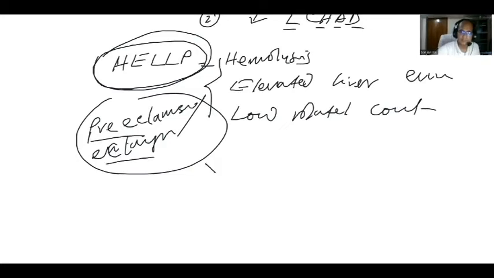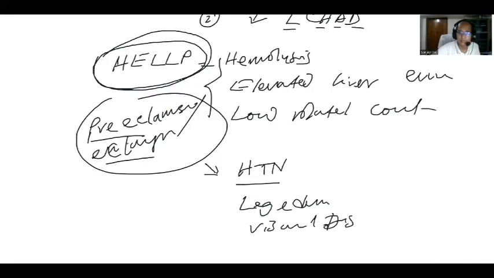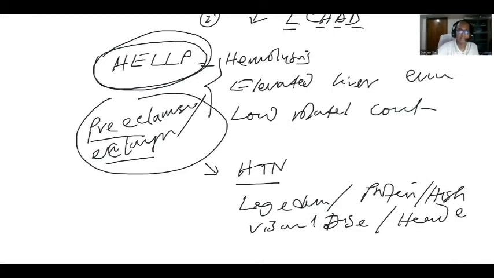That means patient will be hypertensive, maybe leg edema, visual disturbance, headache, proteinuria maybe, or high colored urine, and so on. We know the features of preeclampsia and eclampsia, and may have convulsion and so on.